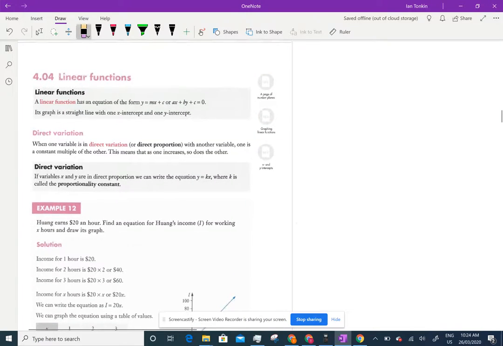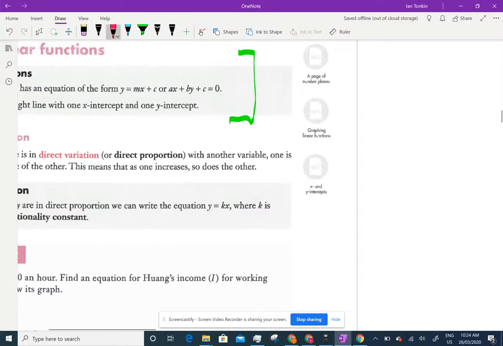So the first thing we need to understand about these linear functions are the two forms, and they're here. And you'll notice that the new thing here is you might have seen the gradient form of y equals mx plus b, and they've changed the letter to a c. It's just a polynomial.